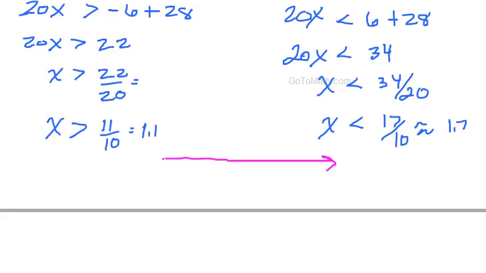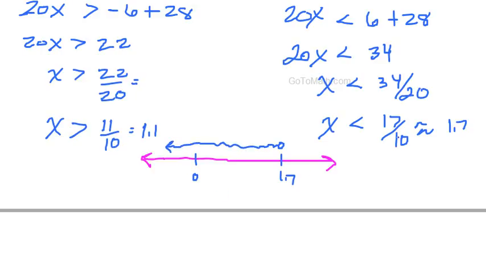So we're going to scribble out our number line here. Look at this one: x is less than 1.7. First let's put 0 right here. We're going to say this is 1.7, or 17 over 10 I should say, and x is less than that, so let's put an open circle and everything going in that direction.